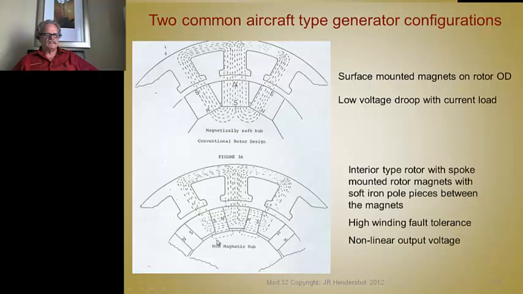So this is a path for the flux to go, and that reduces the flux linkage, and there's a balancing that takes place, so that the designs are very carefully initiated, such that at a certain sustainable short circuit current it won't cause this thing to burn, or cause a fire and cause a plane to crash and the pilot get killed.